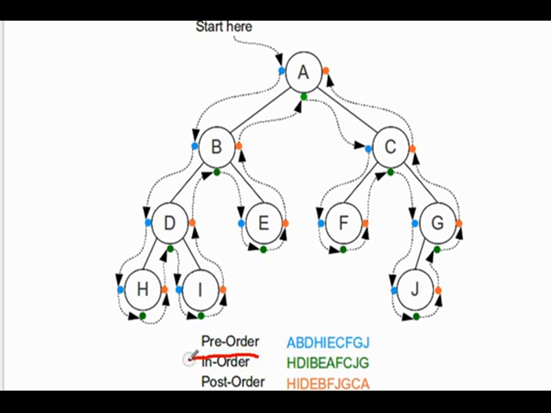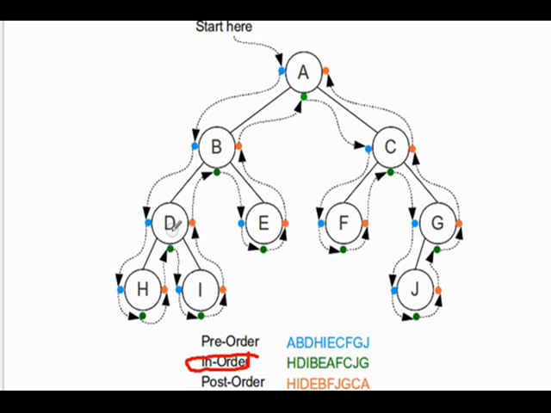You start with H, the leftmost. Any more left? No. Then you visit the self, so that's D, and then right. Now D is the leftmost of this, so you visit B, and then right.